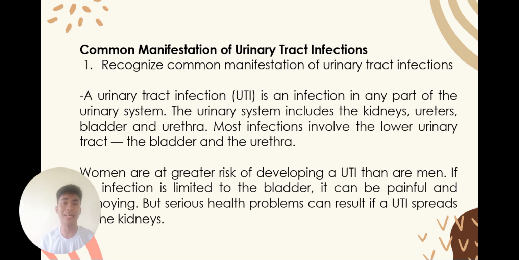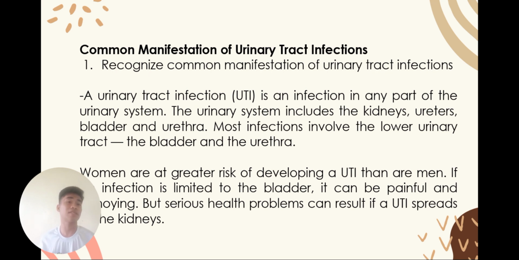Here we will discuss the common manifestations of urinary tract infections. Urinary tract infection, or UTI, as I mentioned earlier, is an infection in any part of the urinary system.